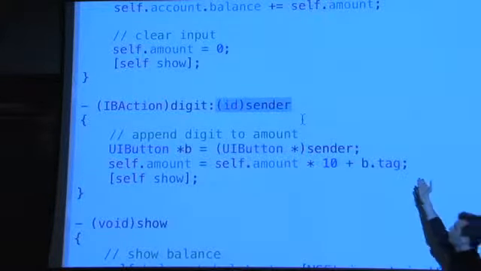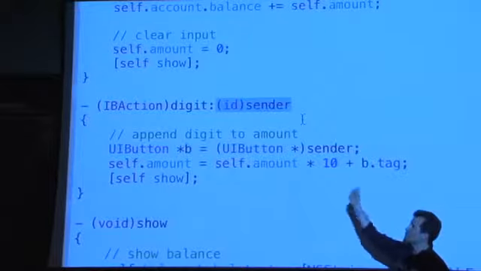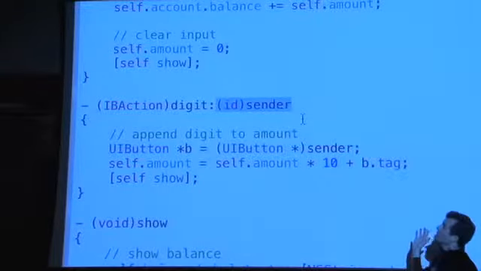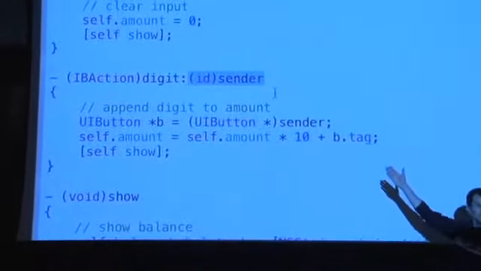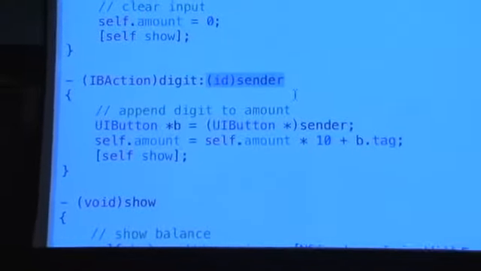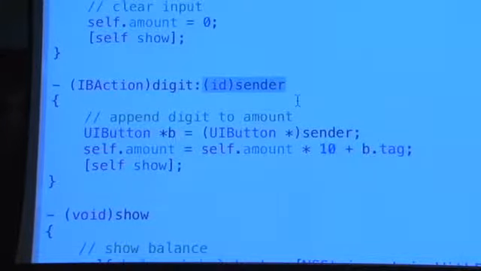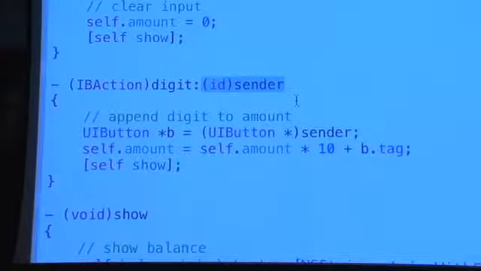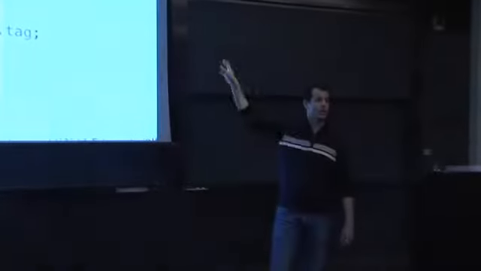So this first line of code is just a simple cast of sender to UIButton star. Frankly, I could avoid that altogether by just changing the signature of this IBAction. And frankly, I go both ways sometimes. I actually have started to not cast, because it just seems like wasted time, and just change the method signature to expect a specific pointer.